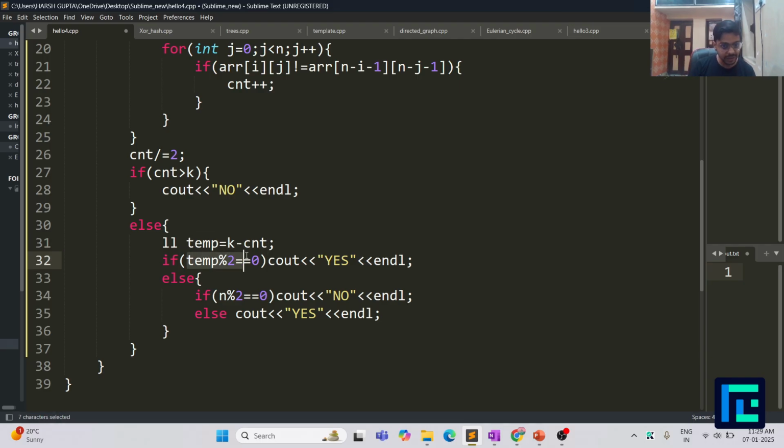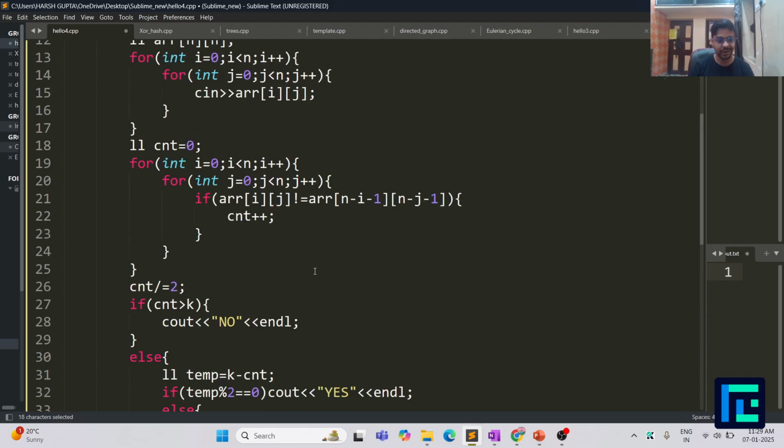If this value is even, then the answer will always be yes, whether n is odd or even. Else, if temp is odd, then the answer will be no if n is even. So if n is even and the leftover operations are odd, the answer is no. Else, the answer is yes.